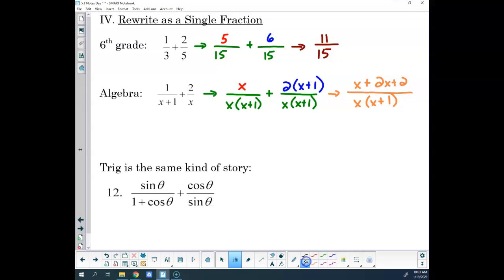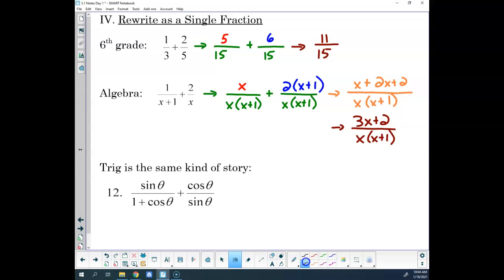In the end you got 3x plus 2 over x times x plus 1, and you said, yep, that's my answer, because I can't simplify or factor the numerator, the top of that.